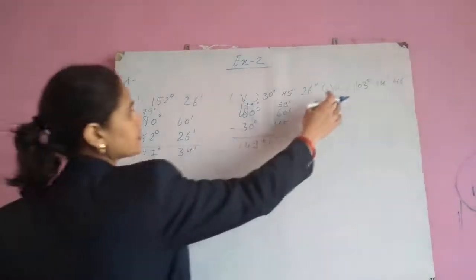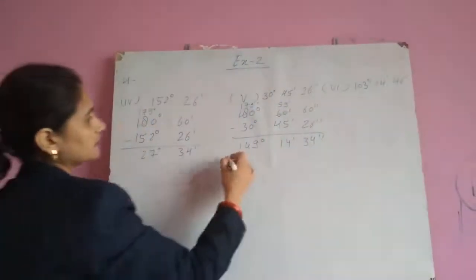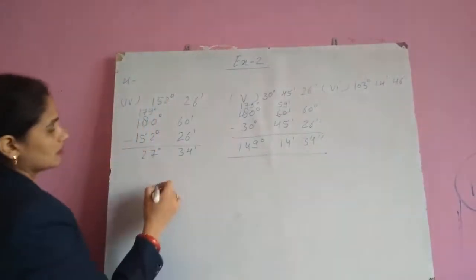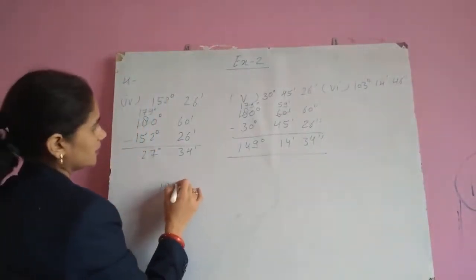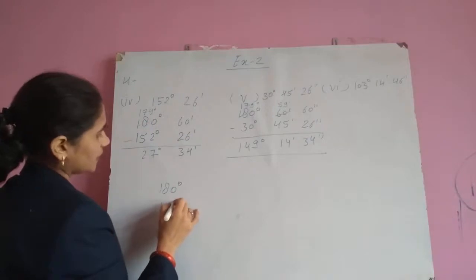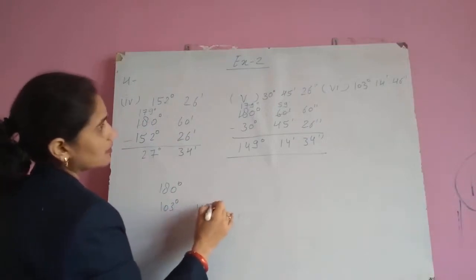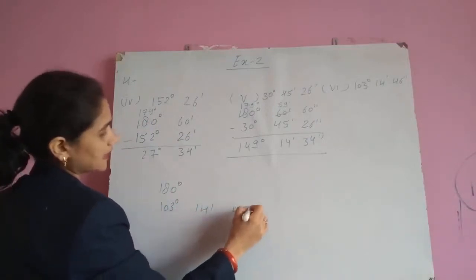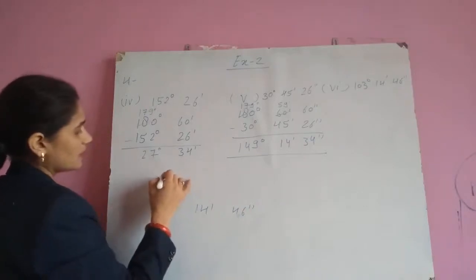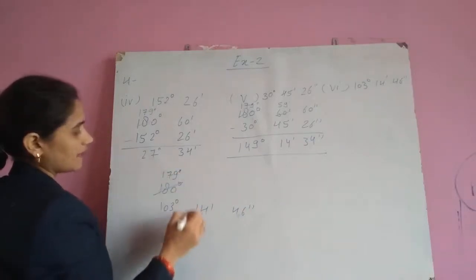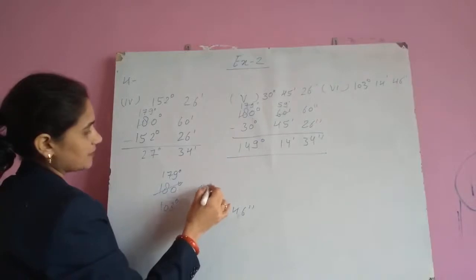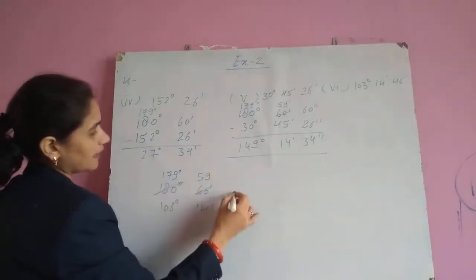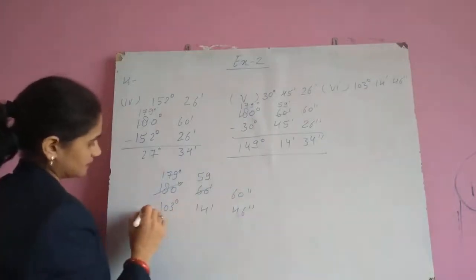Yes, next is the 6th part. I am solving here. 180 degrees, we will write 180 degree and below this 46 seconds. Take borrow from here. 179 degrees left and what is this here? 60 minutes. If we take borrow from here, what is left? 59 and here 60 seconds.